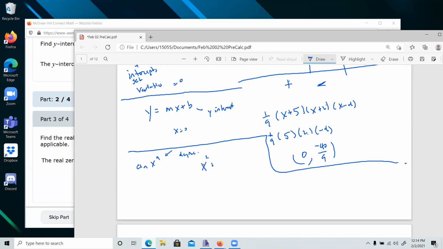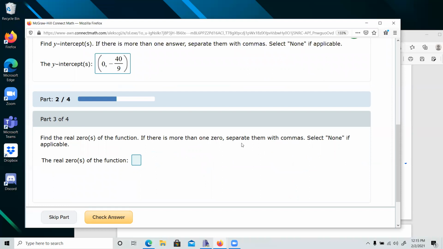If I did x squared plus 1 and set it equal to 0, we're never going to do this in our class, but we'd get plus or minus i. This would not be a real zero. We're not graphing it on our x and y plane, but they are imaginary zeros. So this has two imaginary zeros. We have a polynomial of degree 2. That's the reason why they ask it that way.